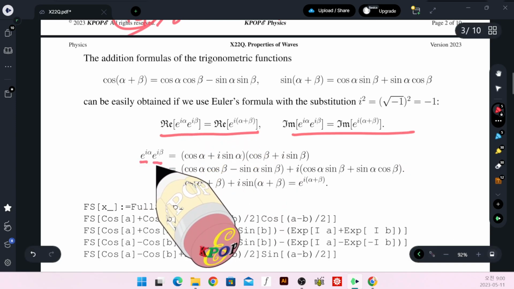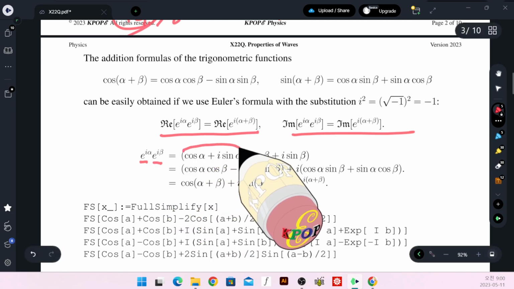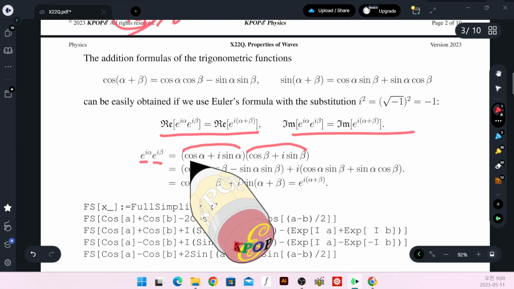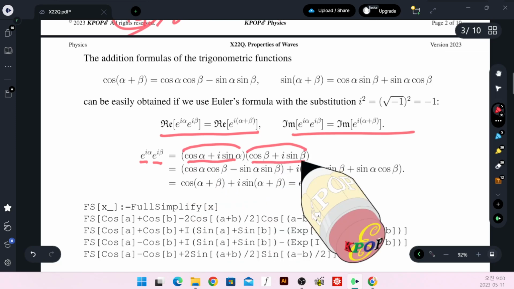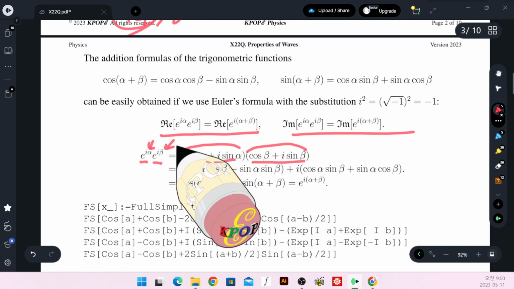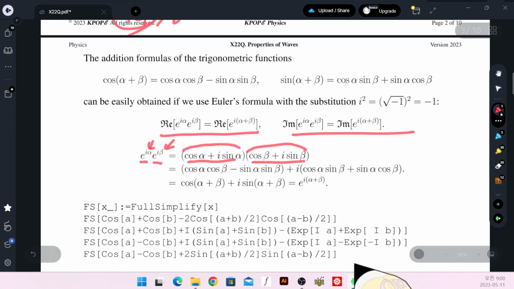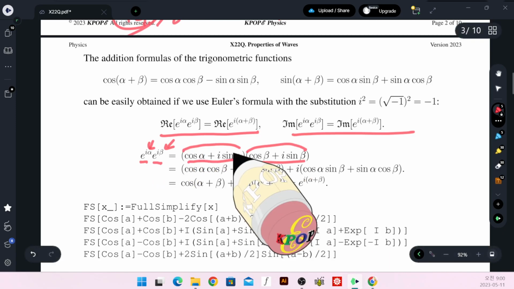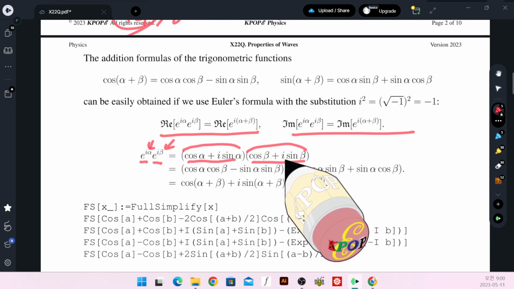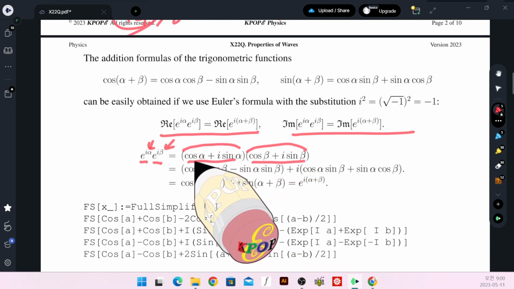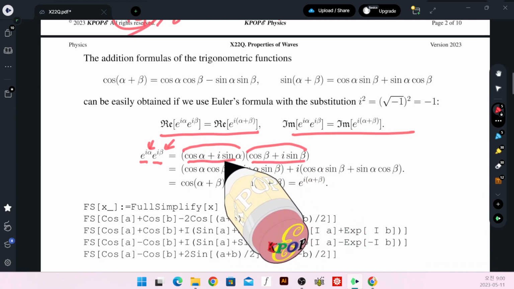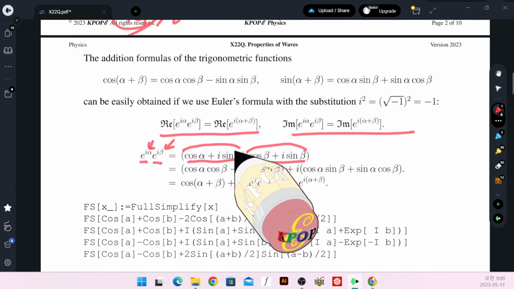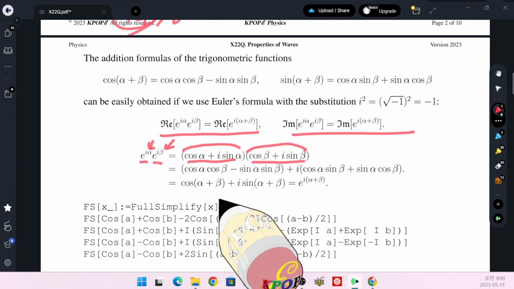The product of two unit modulus complex numbers can be expressed as a product of Euler's formula depending on these two parameters, alpha and beta. We could expand this. The real part is the product of the real parts minus the product of the imaginary parts.